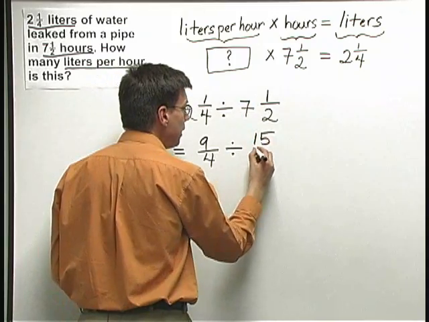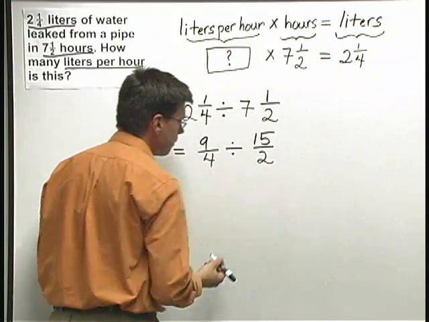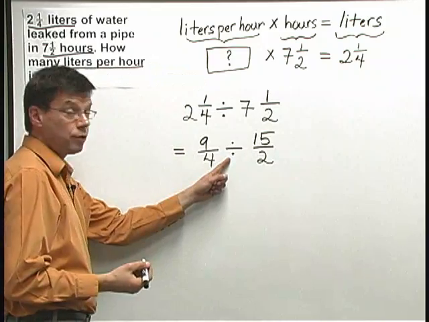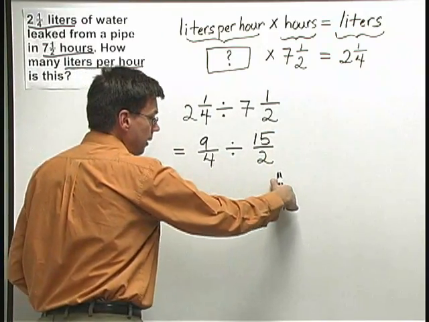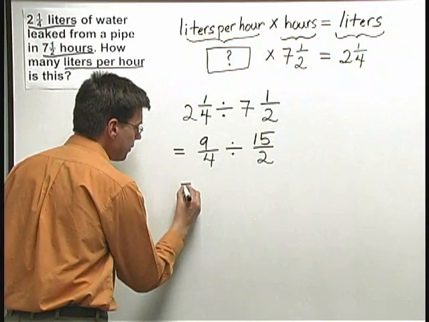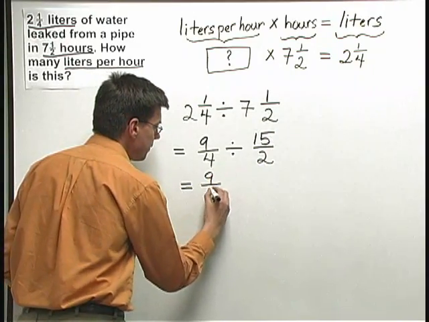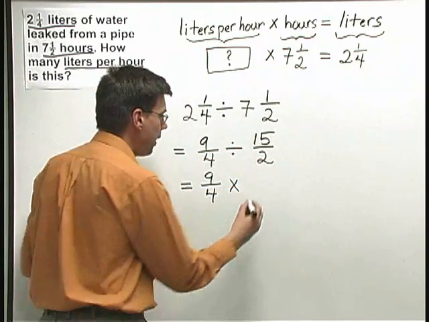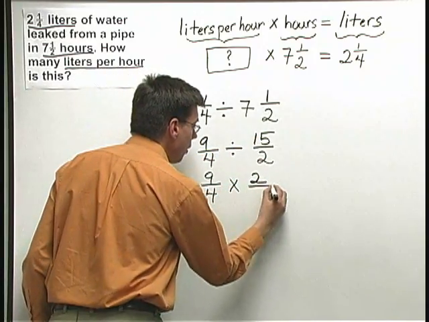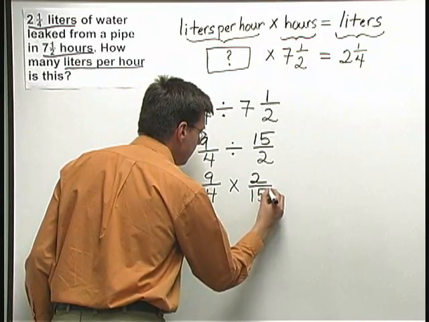That's 15 halves. Now, in order to divide fractions, I need to invert the second and multiply. So I write 9/4 times, I'm going to flip the second fraction here, write it as 2 over 15.